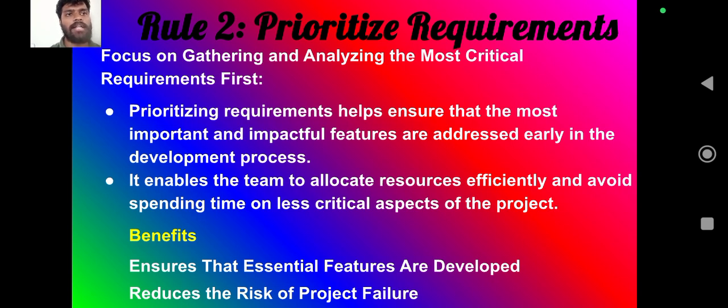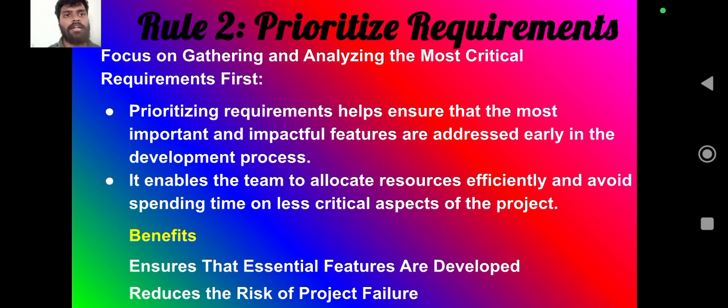Focus on gathering and analyzing the most critical requirements first. Once rule 1 is done, that is, once we decided to keep the design simple, the next step is we should gather all the critical information that is needed for the software development. Prioritizing the requirements helps us to ensure that the most important and impactful features are addressed early in the development process.